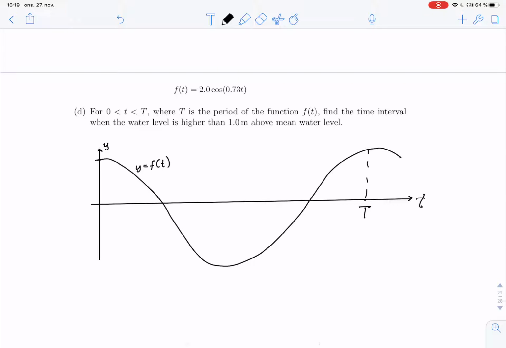Our amplitude would be 2, so that would be the maximum value, and our minimum would be 0.2. Okay, so now we have a graph that we can use as a simple sketch.